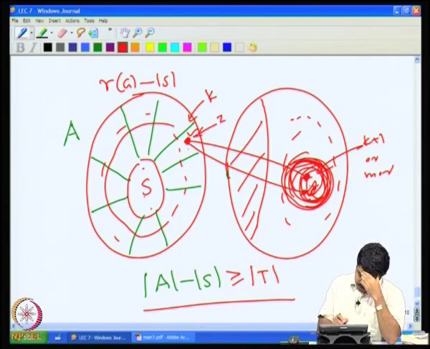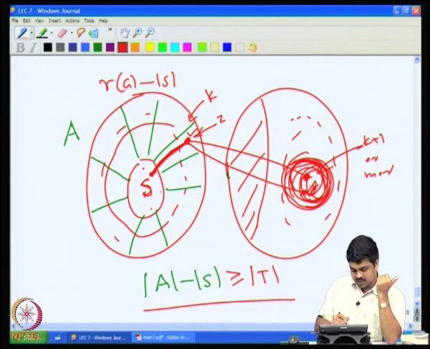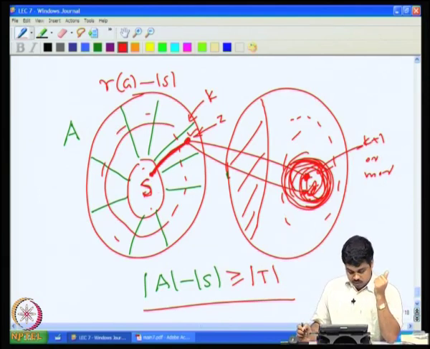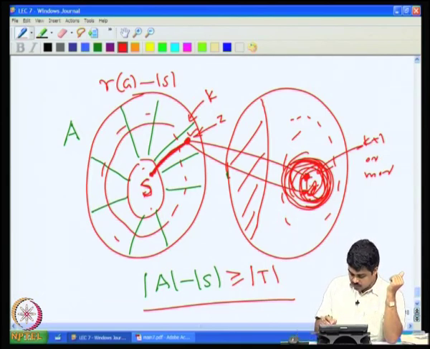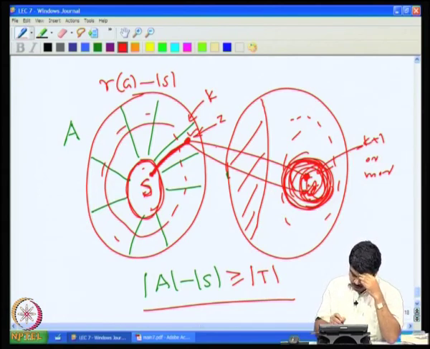Z has two neighbors here, and because S is a maximal independent set, there should be a vertex in S which is a neighbor of this. There should be an edge like this into S. Otherwise, I would have pushed Z into S, contradicting that S is maximal. So, this vertex has one neighbor here, one neighbor here and one neighbor in S, and these together form an independent set. So it so happens that we have a claw here.